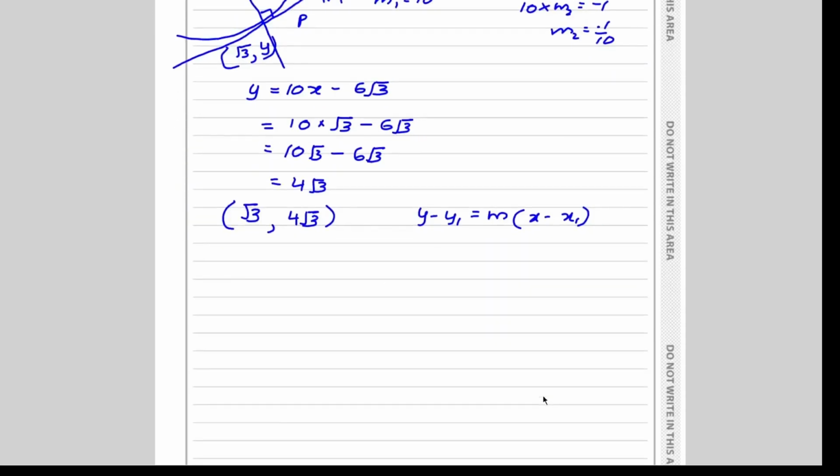So let's form the equation: y minus y1, which is 4 root 3, equals m, we got it as minus 1 over 10, times x minus x1, which is root 3. You have to go ahead as x minus root 3. So you can simply keep the answer like this because you haven't been asked for a certain format.